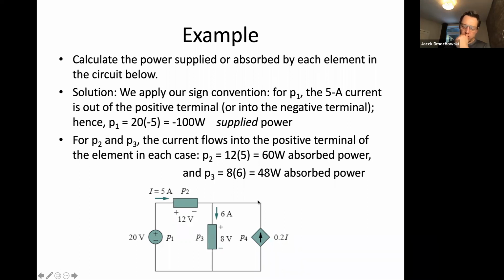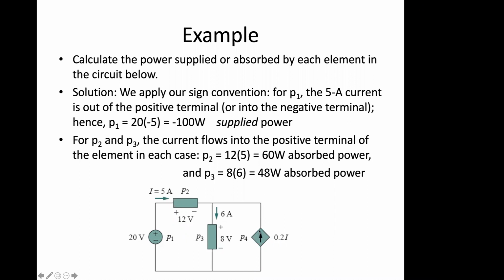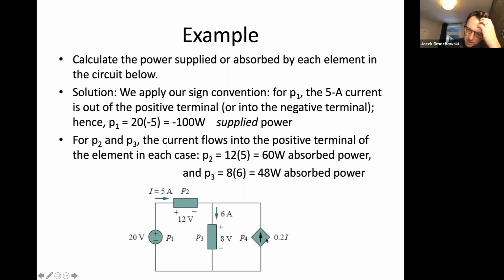So not all of it will go through this current source. On the other hand, we are told that the current flowing out of this is guaranteed to be 0.2 times I, and I is equal to 5. So 0.2 times 5 means that the current coming out of here is, sorry, 1 amp.